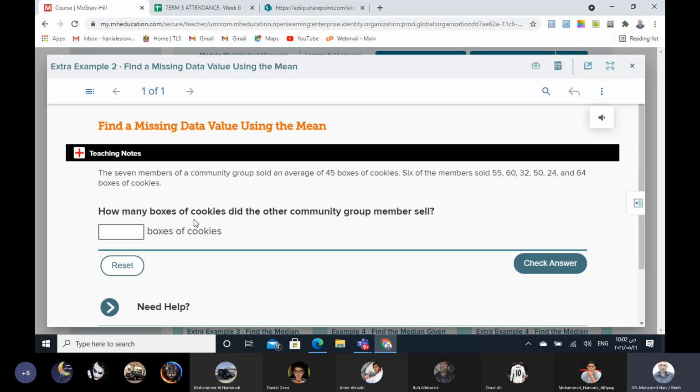How many boxes of cookies did the other community group member sell? We want to find the missing value in the data. I want all of you to try and tell me your answer. How do we find the missing value here?